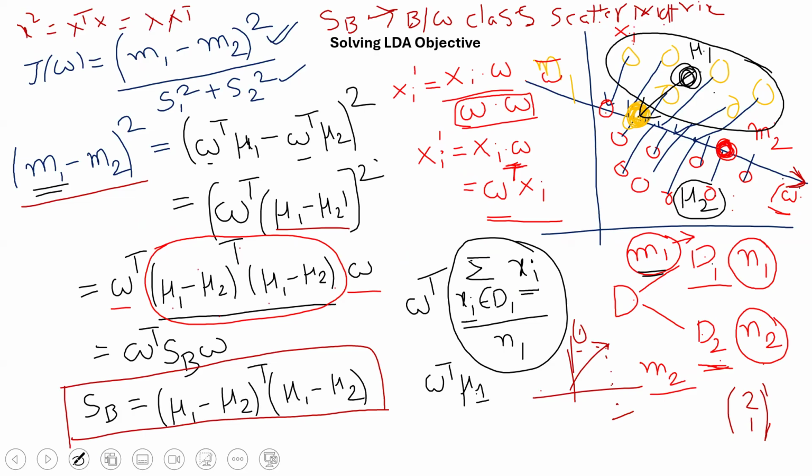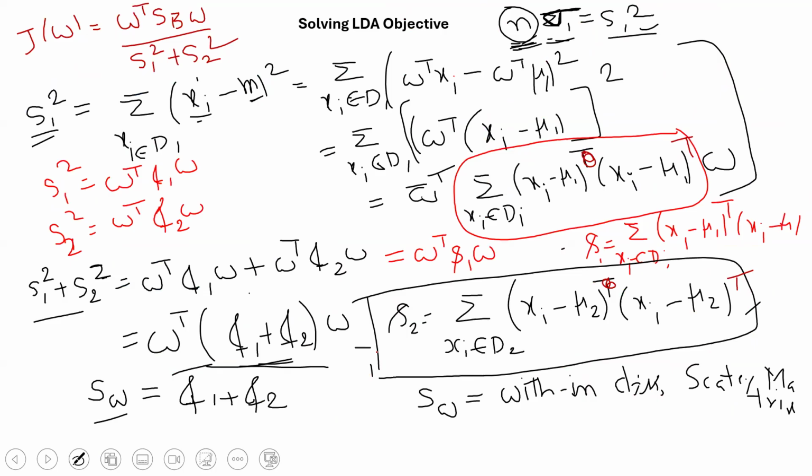It can be written in both ways. But based on the previous and next vectors, we have to decide what to choose. In this case, we want this to be a d by d matrix, so the transpose should go to this one. Because W transpose is 1 by d, if you want to multiply with this matrix, this matrix has to be d by d. Only then can you perform the matrix multiplication. So this should change to (mu1 minus mu2) into (mu1 minus mu2) whole transpose.